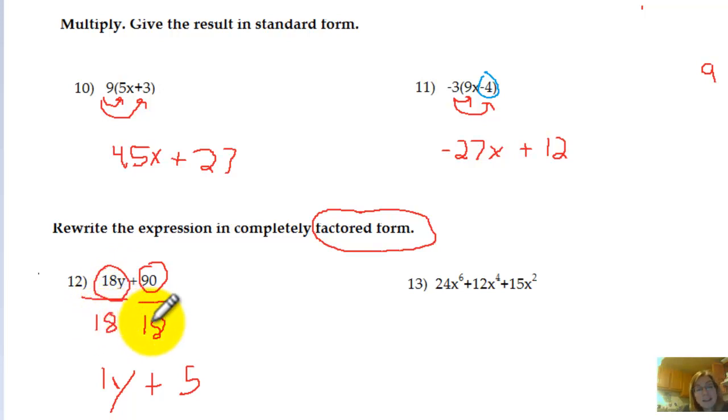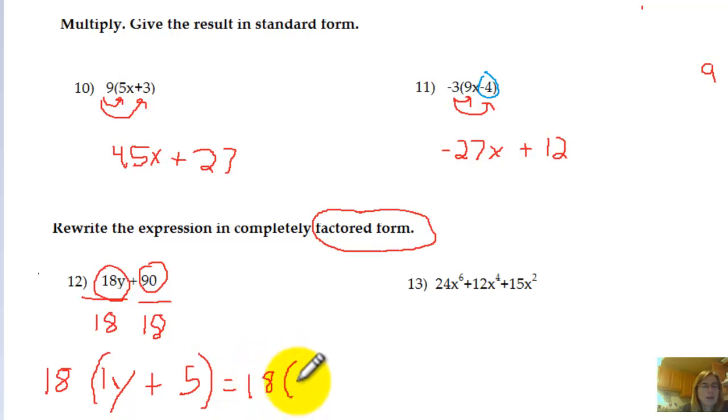You've divided this by 18, so you have to indicate what you have done. So you're showing the factors. The factors are 18 and y plus 5. This 1y simply becomes y, and I can write that so it's more clear. So your two factors are 18 and y plus 5.